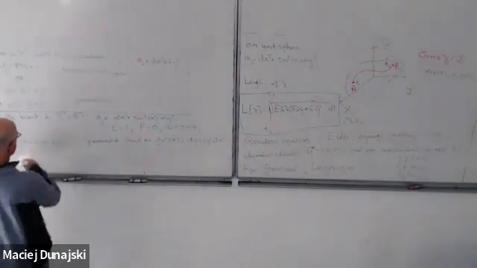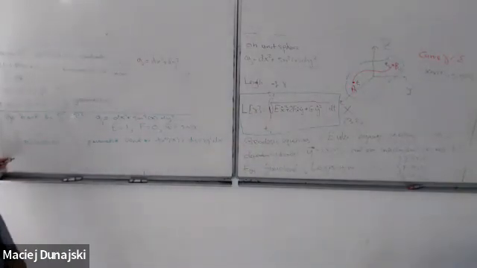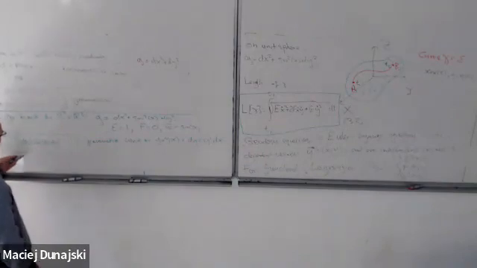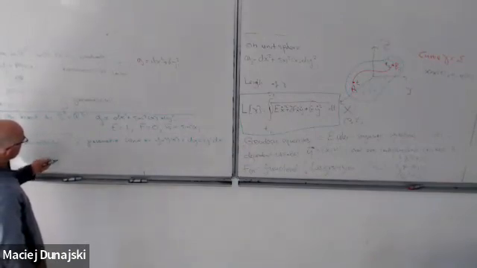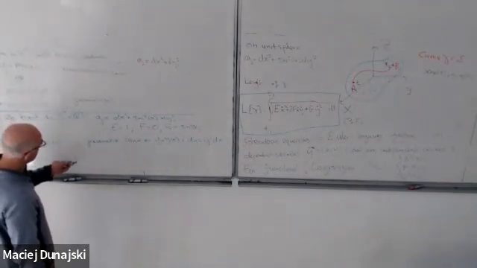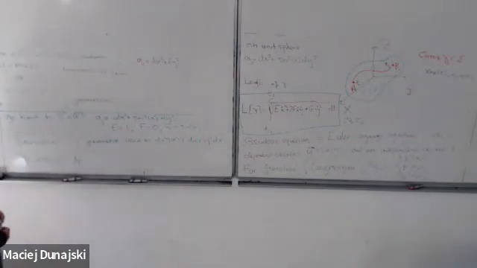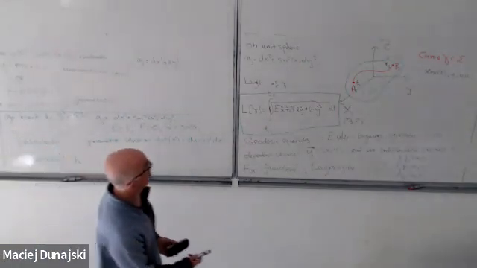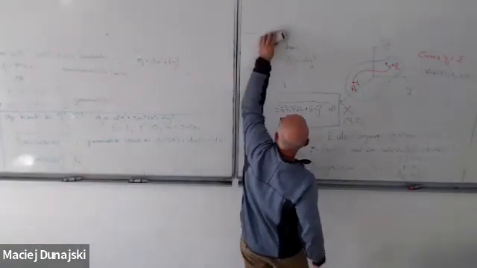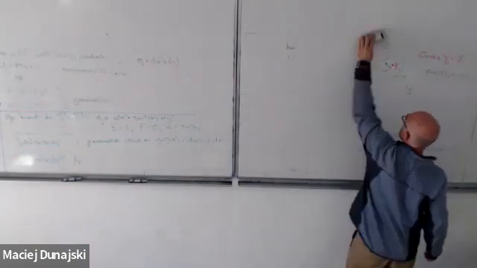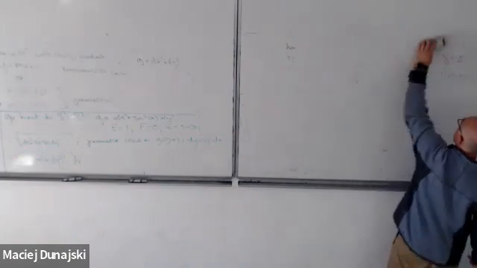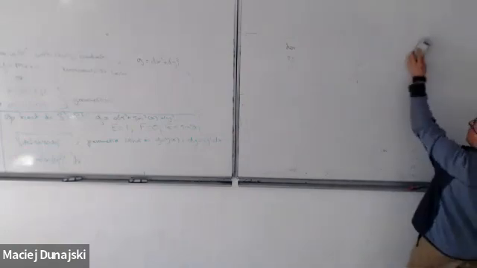Okay. And what happens with this? Well, this becomes square root of 1 plus sine square x y prime squared dx. Okay. So now the problem of finding a geodesic on the sphere reduces to the problem of actually solving only one Euler-Lagrange equation.